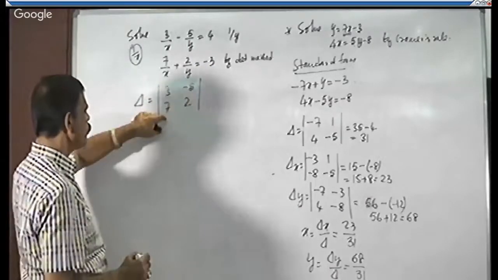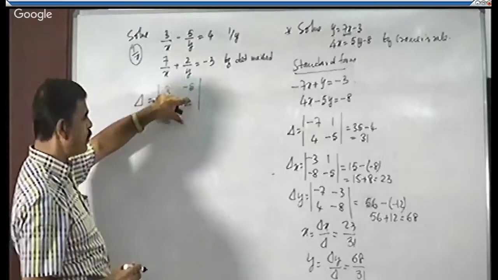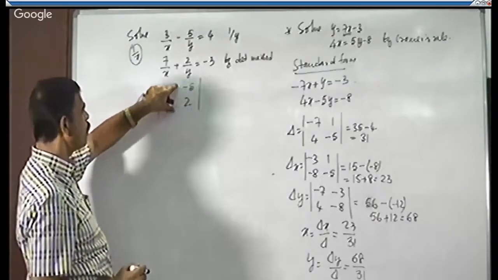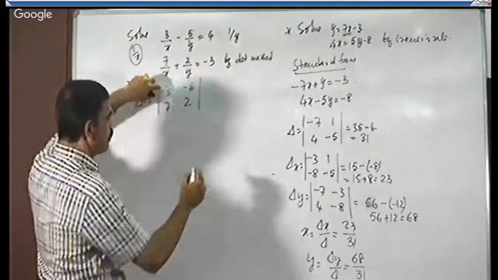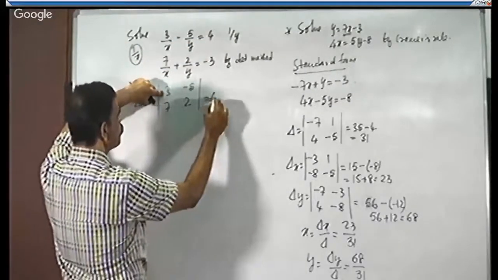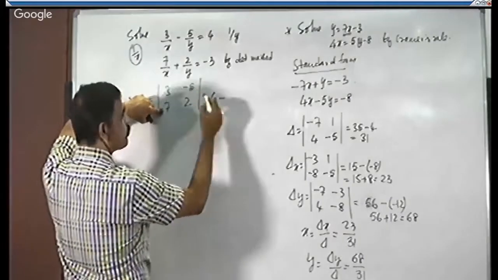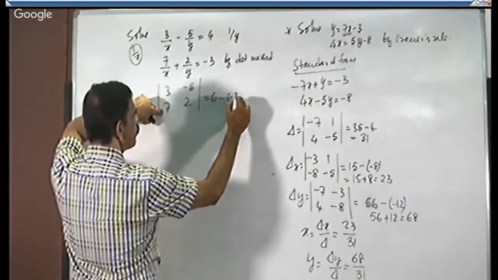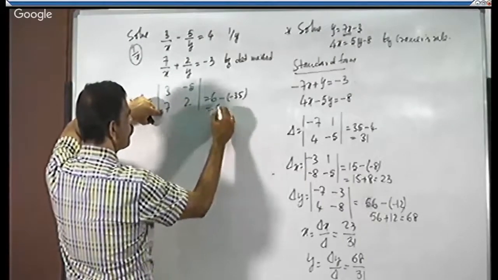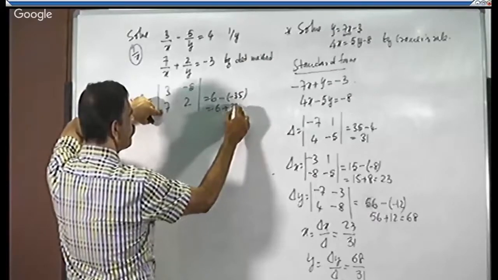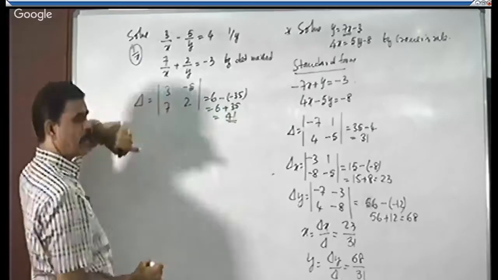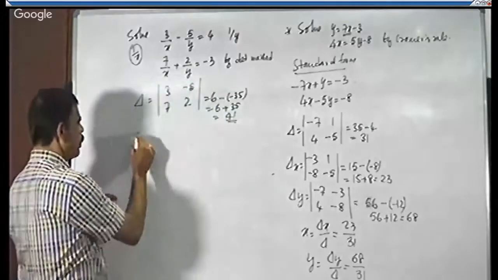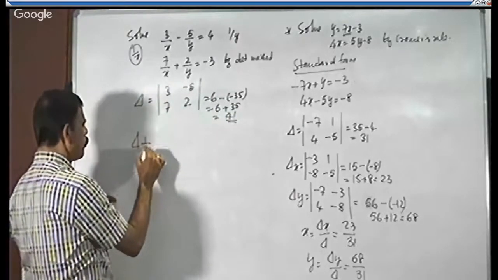It is a coefficient determinant of what? 1 by x and 1 by y. Expand it. 3 into 2, 6, minus, this is 35 minus 35. So 6 minus into minus plus 35. It is equal to 41. Delta is what? 41.